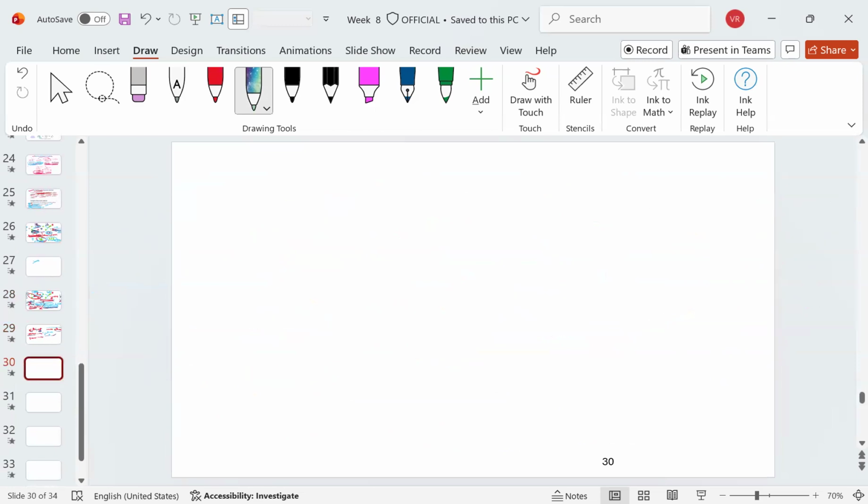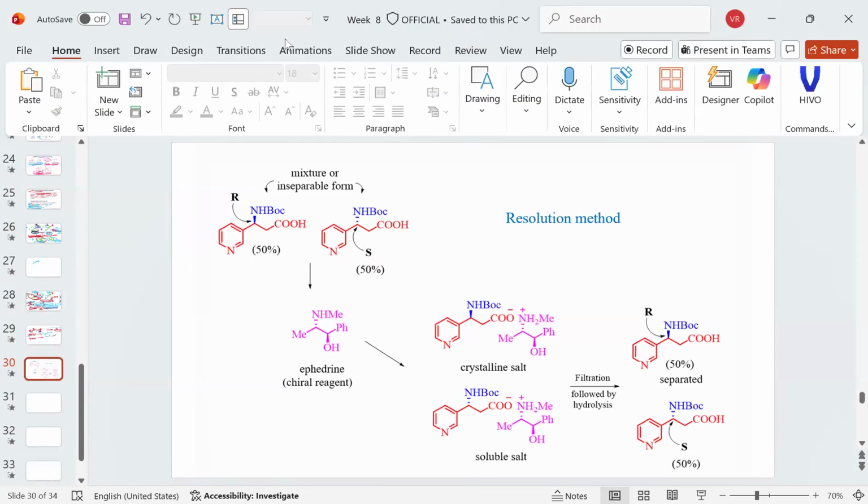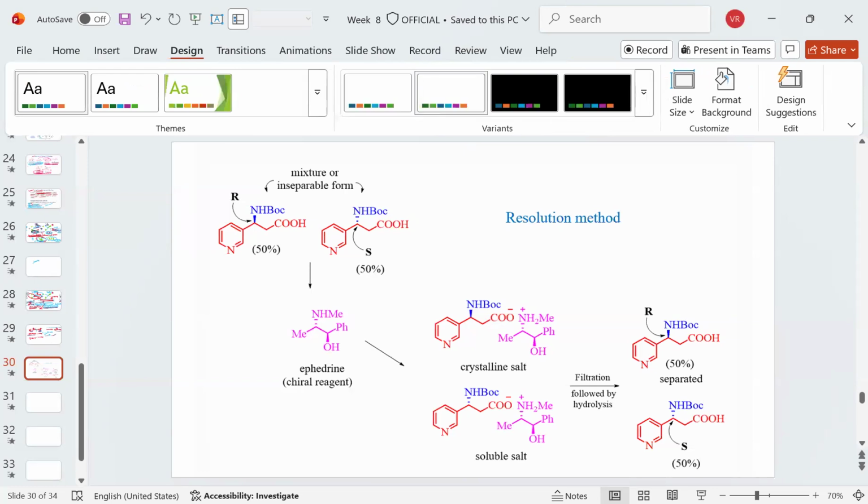Now we'll slowly move to chiral pool synthesis. But I think I will first show an example of the resolution method here. So this is an example of the resolution method, and you can see what happened in my product.